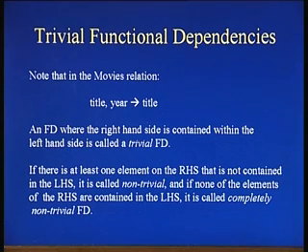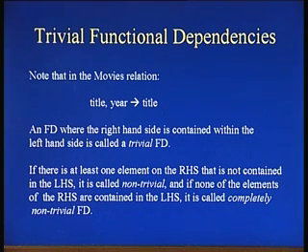Therefore any functional dependency in which the right hand side is contained within the left hand side, that is the consequent or the right hand side of a rule is a subset of the left hand side of a rule, then it is said to be a trivial functional dependency. If there is at least one element in the right hand side which is not part of the left hand side, then it is called a non-trivial functional dependency.